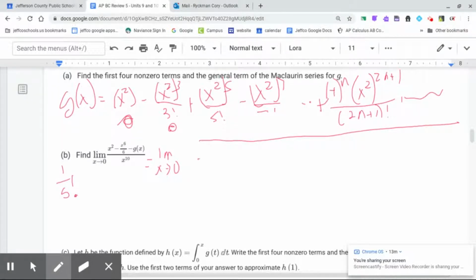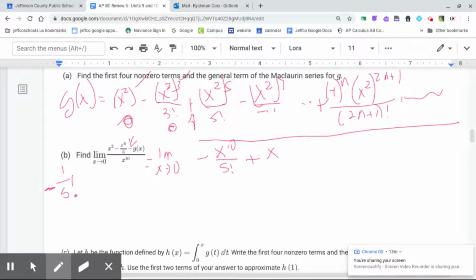So you'll have negative x to the 10th over 5 factorial, sorry, this should be negative 1 over 5 factorial, plus, remember I'm subtracting g, so I'm changing these signs after these guys drop away.